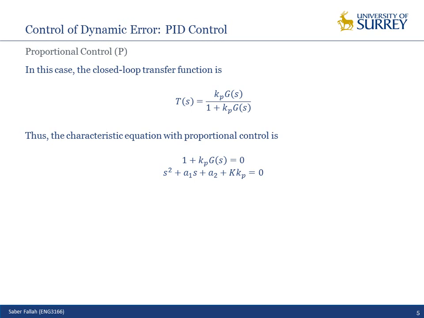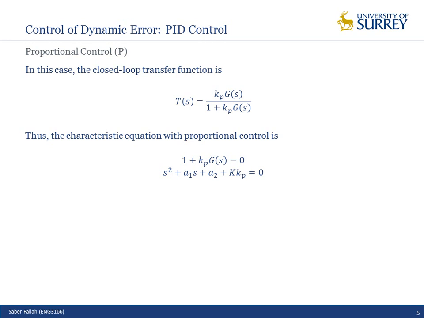I have Kp here, and I have K over s squared plus A1 s plus A2. Correct? Can you see it? G(s) is K over s squared plus A1 s plus A2. Everybody can see the transfer function?